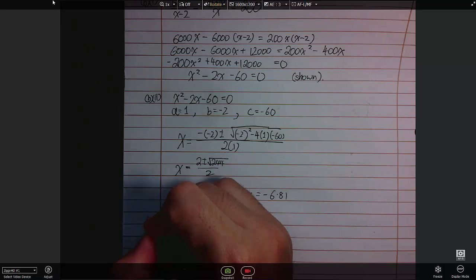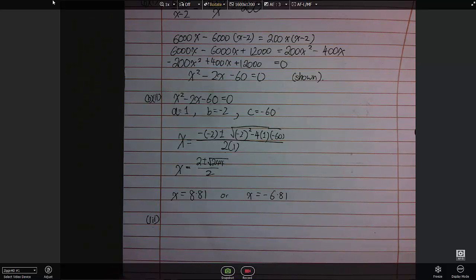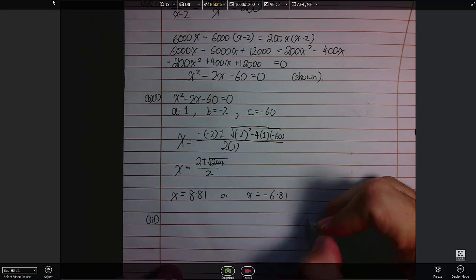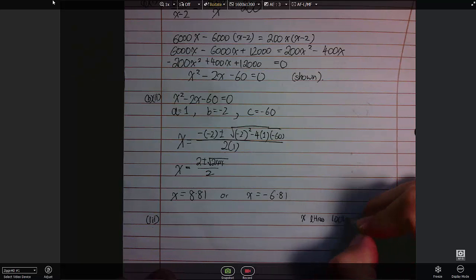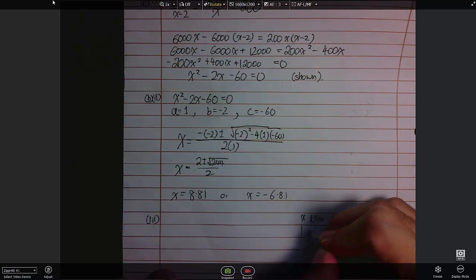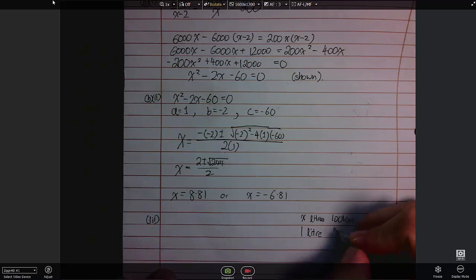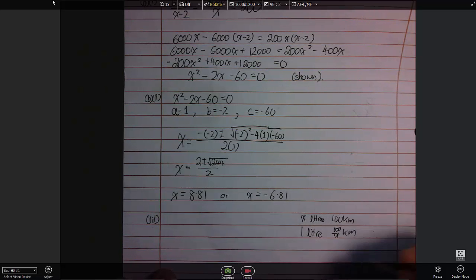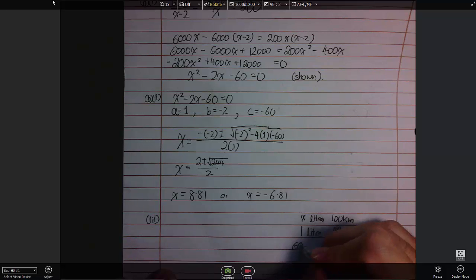So finally, in part 3, find the distance that the car can drive on city roads with 40 liters of petrol. So again, same thing on city roads. X liters will give you 100 km. 1 liter will give you 100 over x km. So for 60 liters?